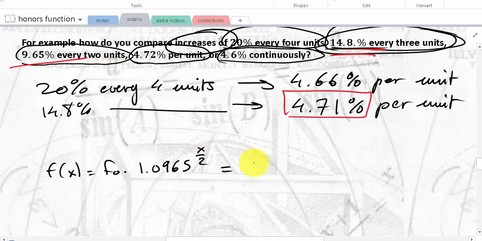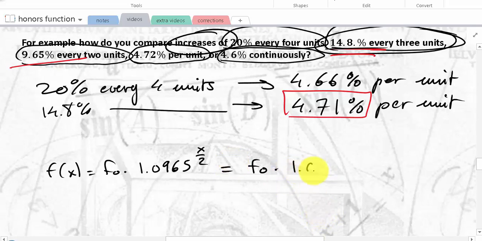So a simple rewriting is going to allow us to find the, I was going to say yearly. It's per unit. Of course, it's usually yearly, right? These models are very common in finance, and it's usually a yearly increase, but it doesn't have to be yearly, right? So that's why I'm sticking to per unit.